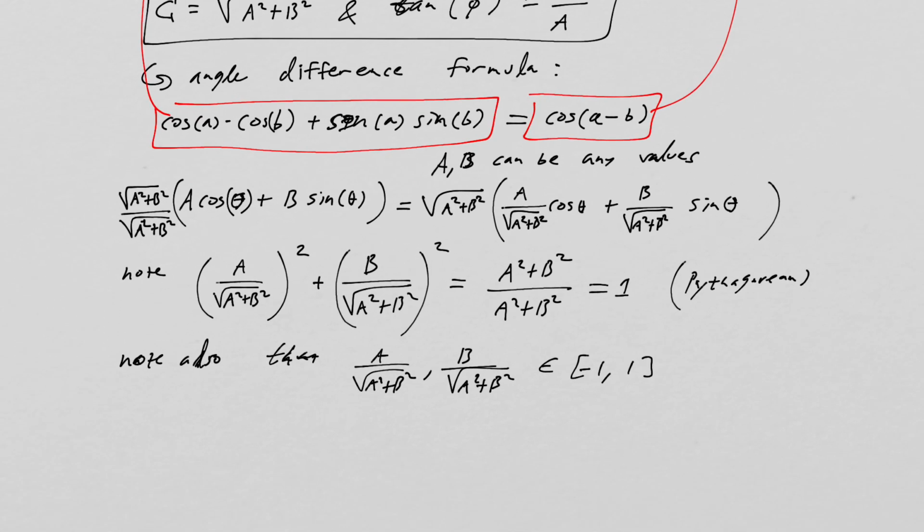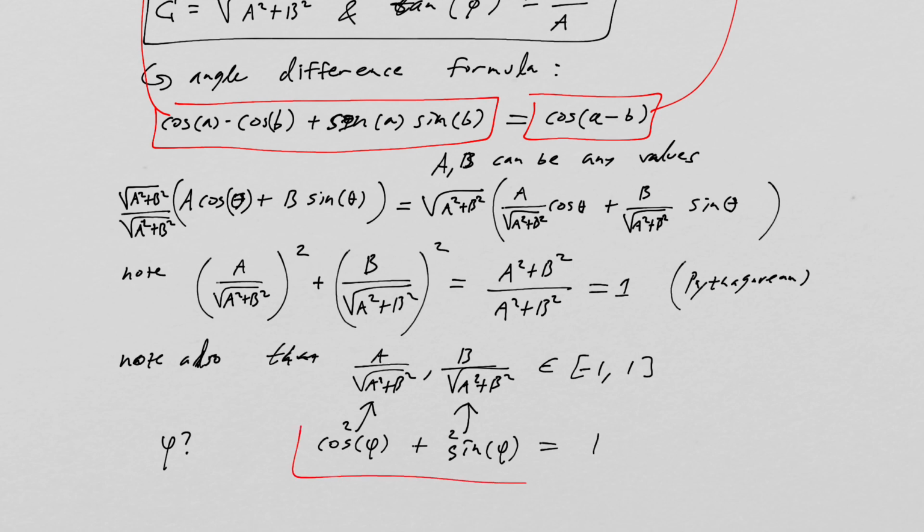So what that means then is that this looks a lot like a cosine of some angle. Again, we don't know what phi is, but it could be the cosine of some angle, and that can be the sine of the same angle, because we know if I square these two and add them together, I get 1, just like above. Okay.